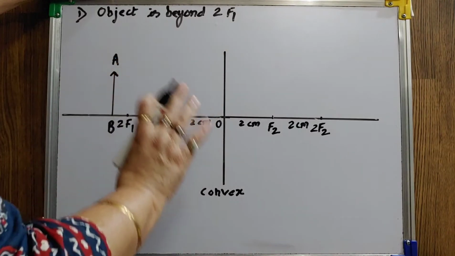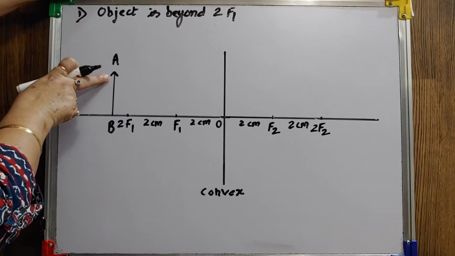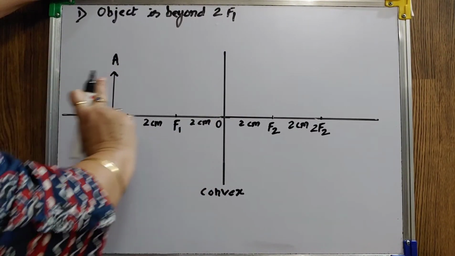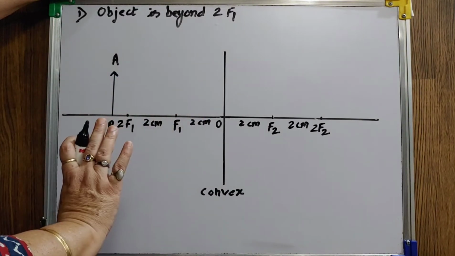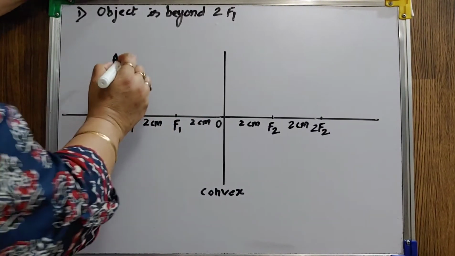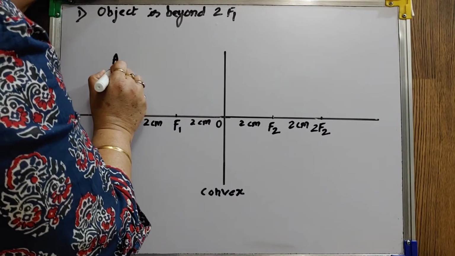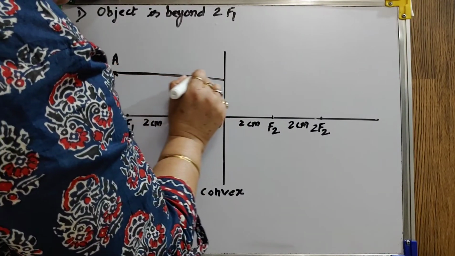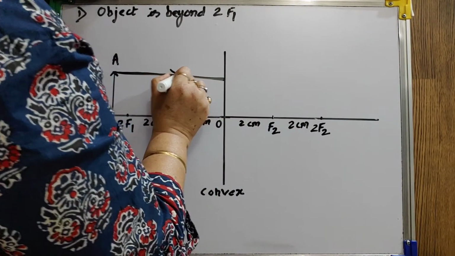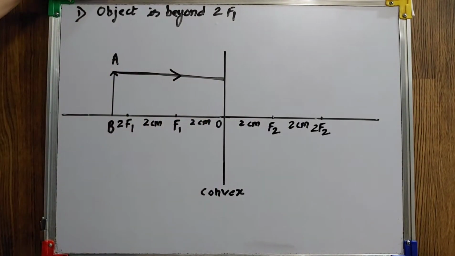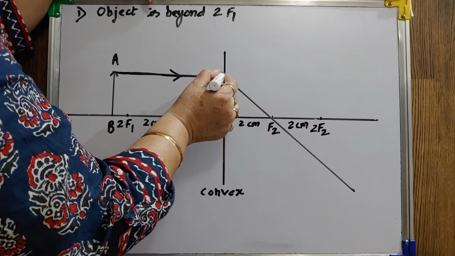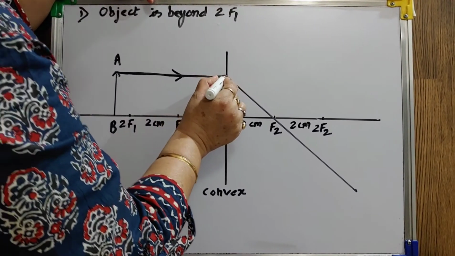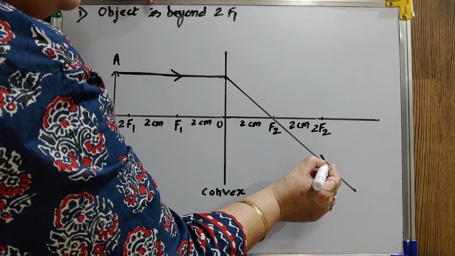Now you are using the rules. So take the height of the object approximately 2 lines. As you know, the first line is parallel to the principal axis. That one you have to take. Put an arrow. Without an arrow you won't get marks. Now after touching this surface, it will pass through f2.